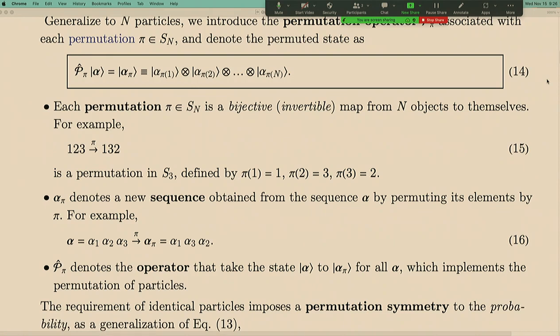When we say pi acting on 1, we basically mean the mapping result of this permutation acting on the index 1. For example, in this case, pi 1 is 1. But pi 2 is not 2. Pi 2 is actually 3, because 2 gets mapped to 3 under this permutation. So by saying that there is a permutation in S3, we basically mean that this permutation is fully described by the following mappings.